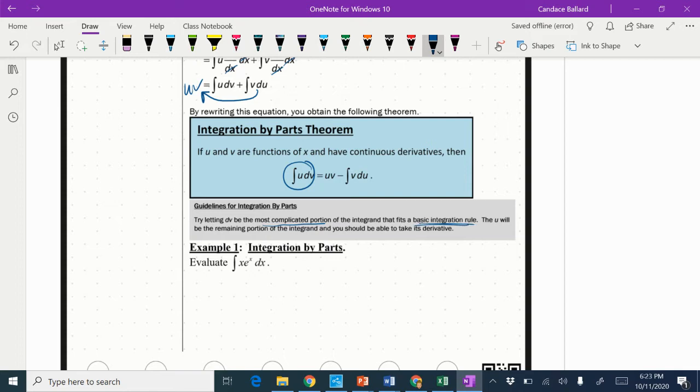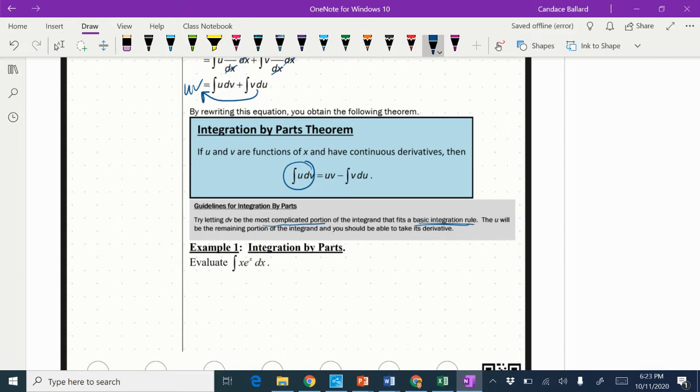Is it sine? Is it an x? Is it something that we know how to integrate, that's complicated but fairly easy for us to integrate? You will be the remaining portion of the integrand, and you should be able to take its derivative. So whatever u is, we should easily be able to take its derivative.